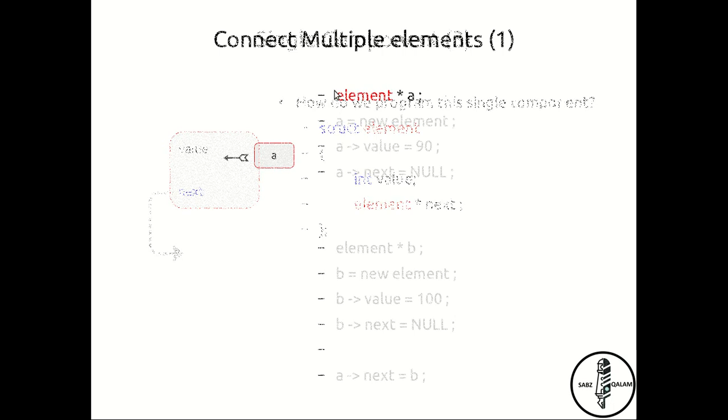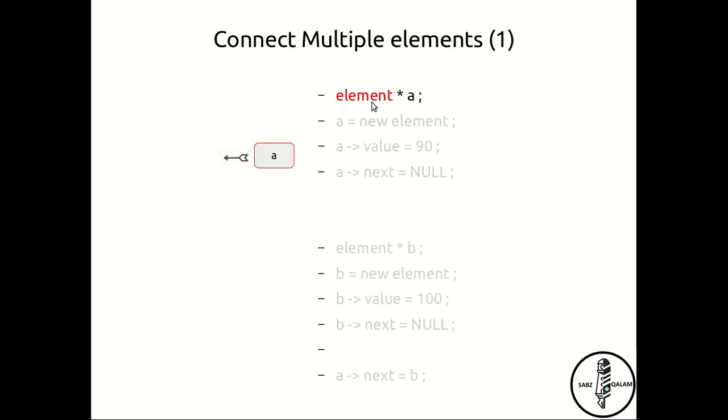So how do we combine multiple elements? It's actually quite easy. You declare a pointer A that can point to an element. Now when you write A has been assigned as new element, two things happen. The first is a new element is created in the memory. So the operating system allocates within a memory a portion equal to the size of an element. It allocates that.